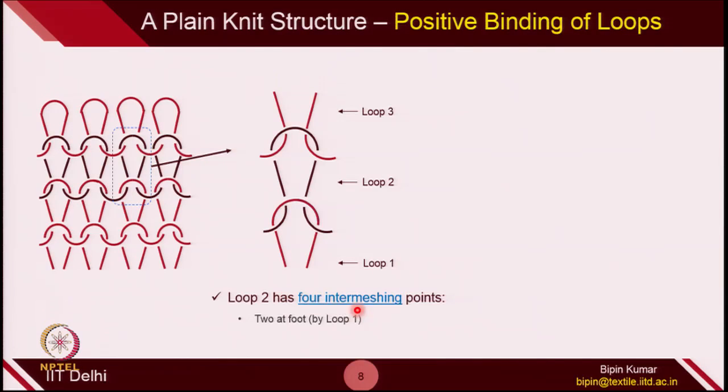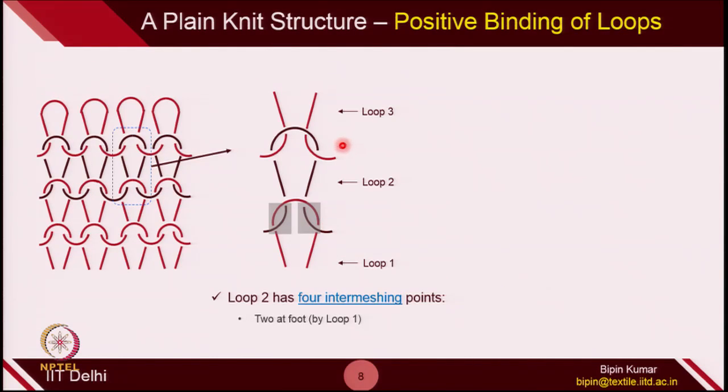First, at the foot part, if you see this black yarn, it is basically interacted with the red one, okay? And on this side, on the right side also, the same yarn is interacted with the head of loop 1. So, loop 2 has 2 intermeshing points at the bottom portion, where the foot of the loop 2 is interacted with the head of loop 1.